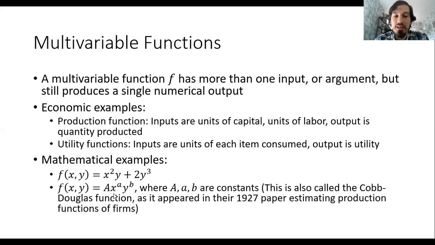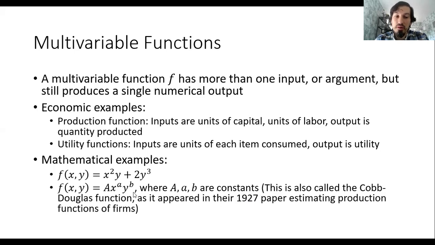Here's a very special type of function, which is called Cobb-Douglas. It's named after these two economists who first wrote about this class of functions when they were estimating production functions of firms. And their point was, they didn't just pick this arbitrarily.